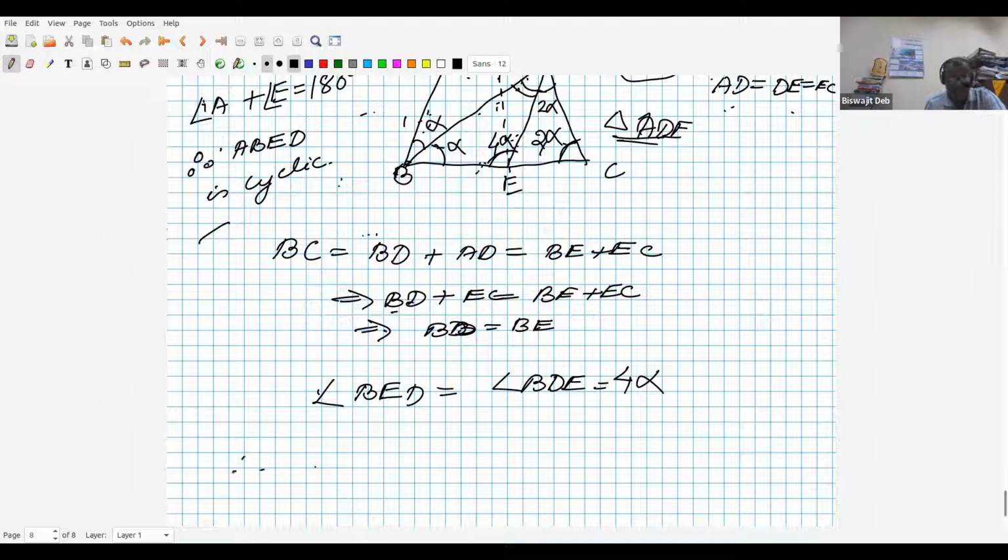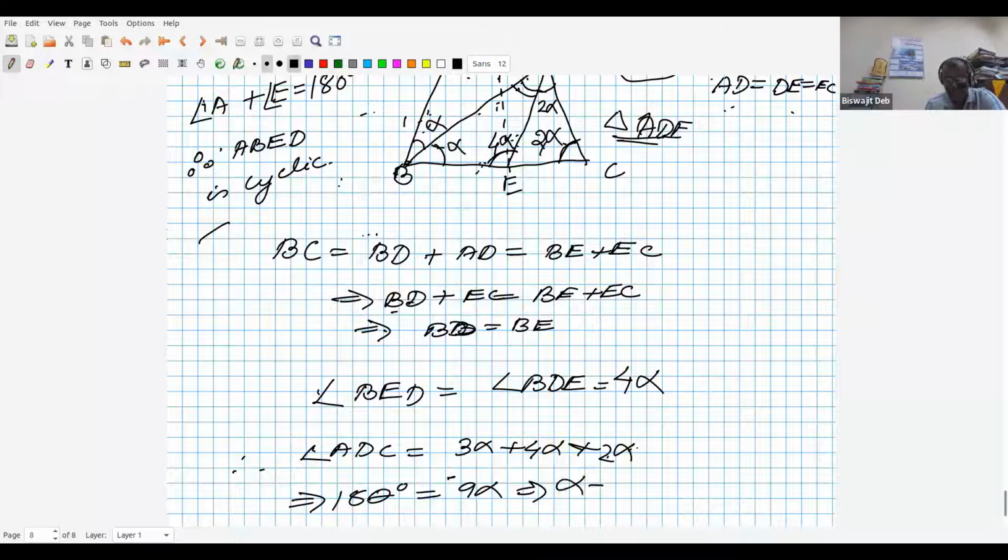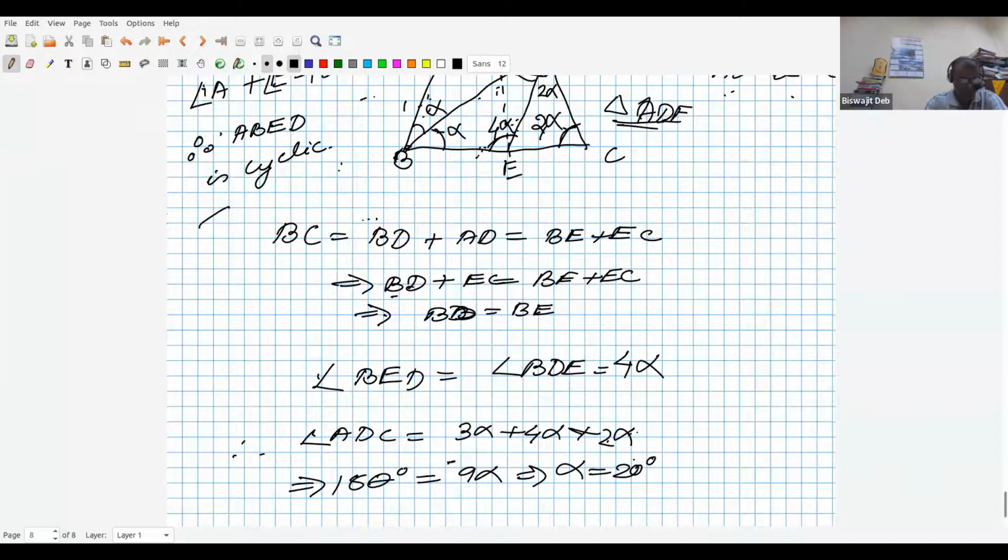Therefore angle ADC is equal to 3 alpha plus 4 alpha plus 2 alpha. And ADC is a straight angle, so it is 180 degrees. So the other side is 9 alpha. That means alpha is equal to 20 degrees.